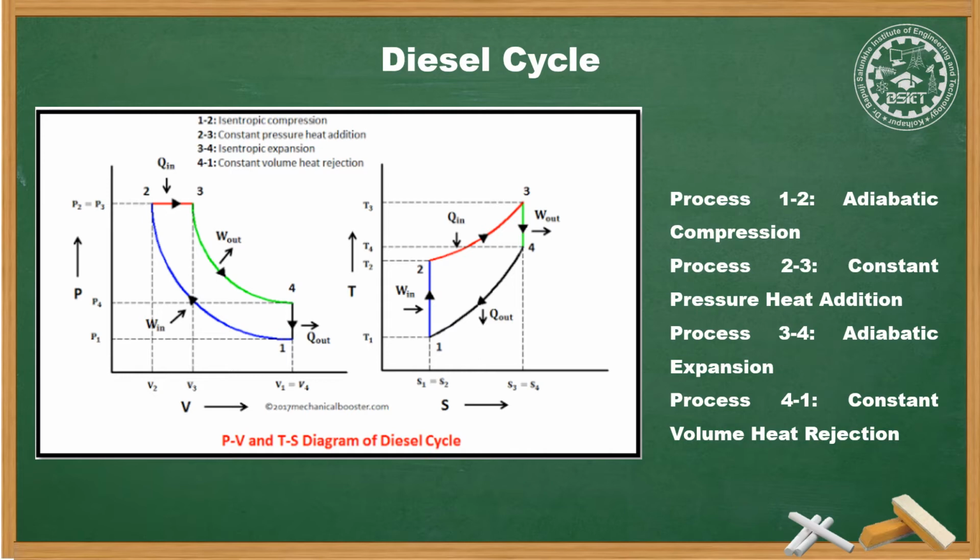The processes are: 1 to 2 isentropic compression, 2 to 3 constant pressure heat addition, 3 to 4 isentropic expansion, and 4 to 1 constant volume heat rejection. In the diesel cycle, heat is added at constant pressure and heat is rejected at constant volume. This is the point to be remembered while comparing the diesel cycle and the Otto cycle.